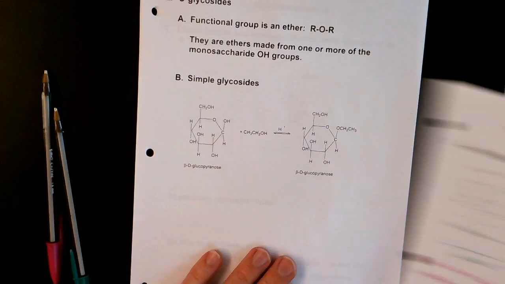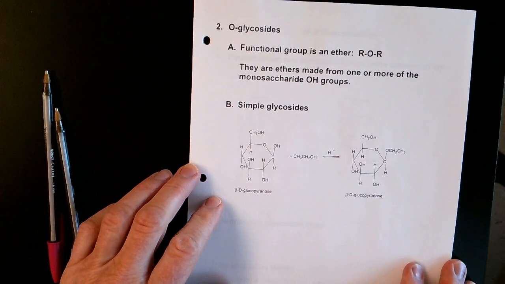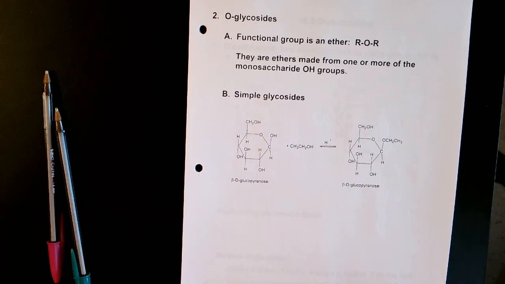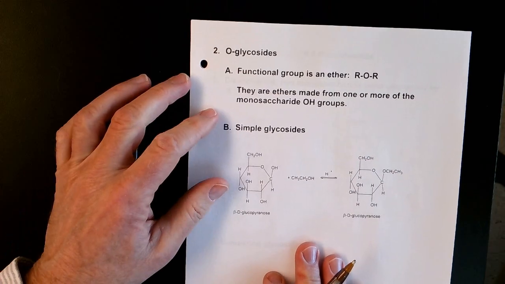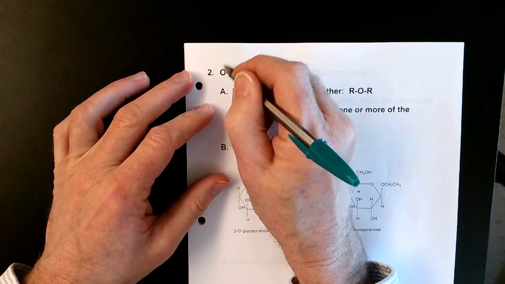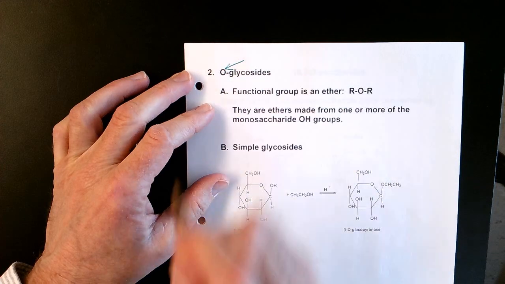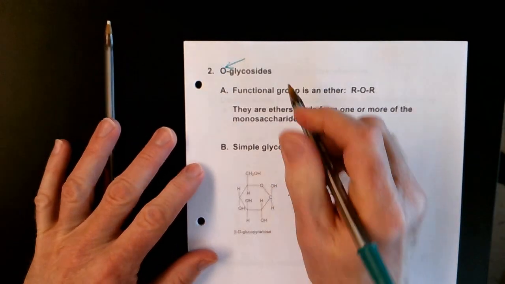Okay, then there's another type of derivative. Instead of having an amide, like you see for glucosamine, you're looking at a functional group that's an ether. Now you're going to get your functional group here from one spot in your monosaccharide molecule.